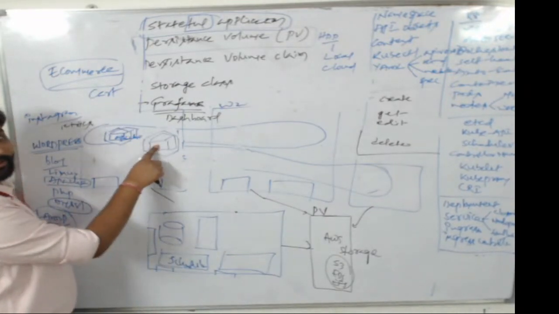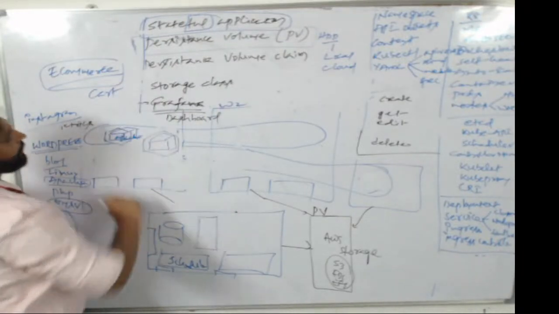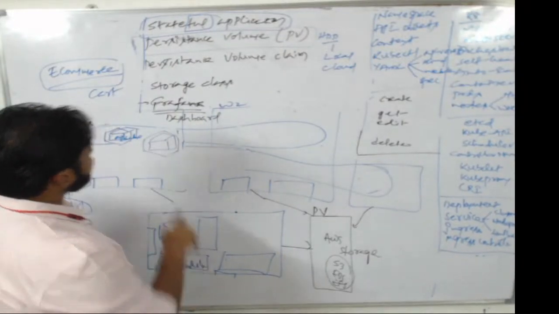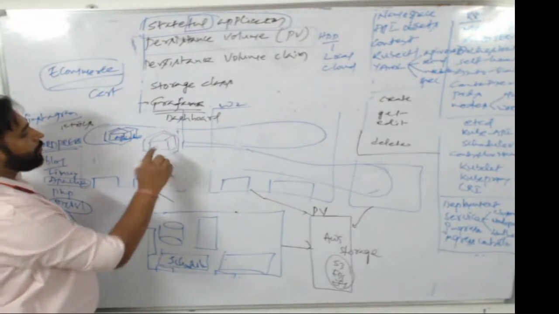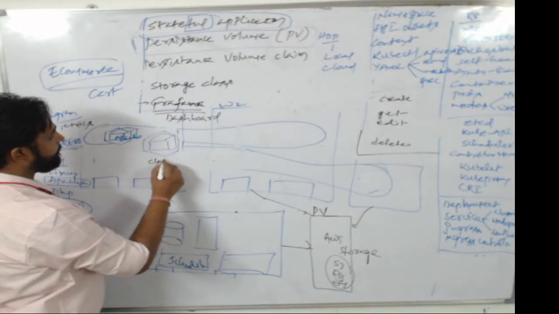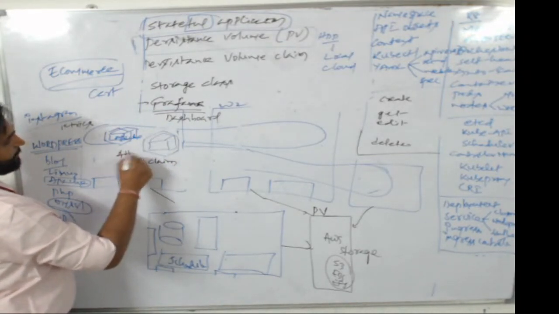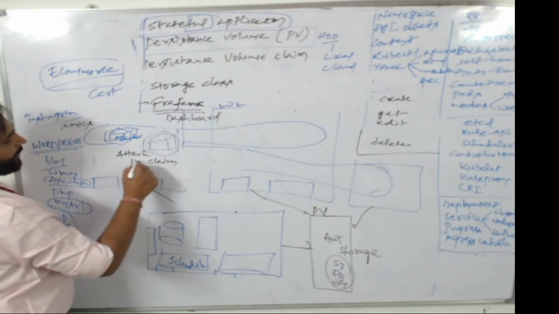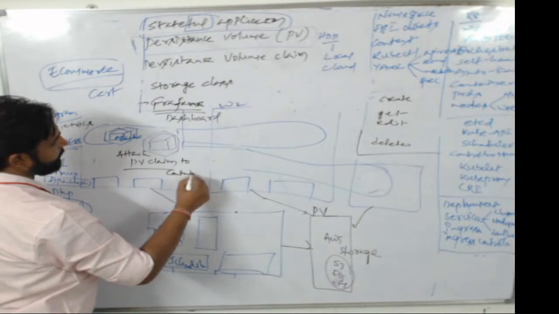The container is running a stateful application. Now the way it executes it is, when you are creating a container, you will give what is called a claim. So attach a PV claim to the container.